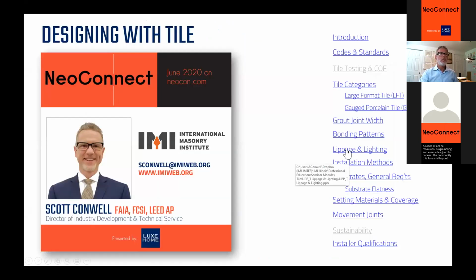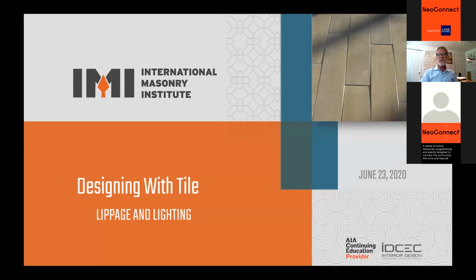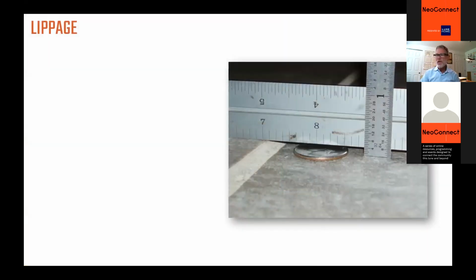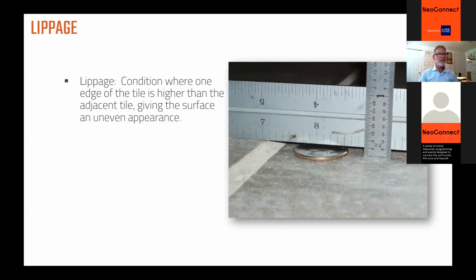So let's talk about lippage, and how much lippage are we able to tolerate? If your answer is 0, I would say you have to be open to the real job constraints. There's always going to be a little amount that we have to tolerate.